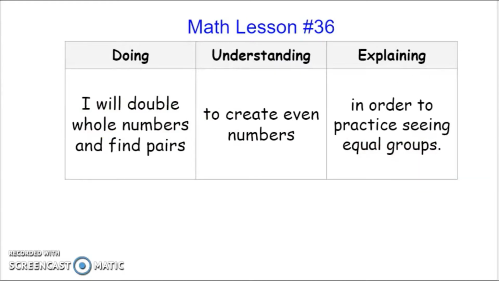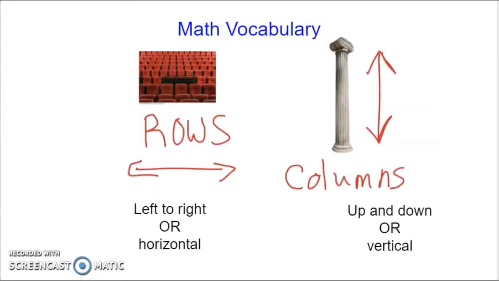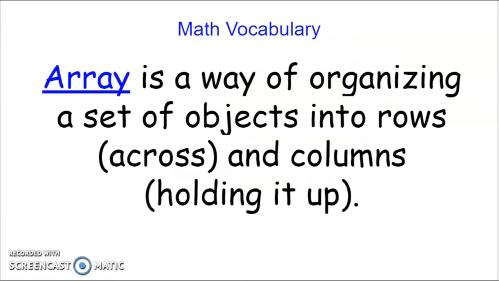But before we do that, let's go ahead and review our vocabulary. It's very important because you will see these words all across your work. Rows and columns. We've been reviewing these two for a very long time now. Rows, remember, they go from left to right and are horizontal or go across, whereas columns, they go up and down or vertical. Alrighty, and then lastly, array.